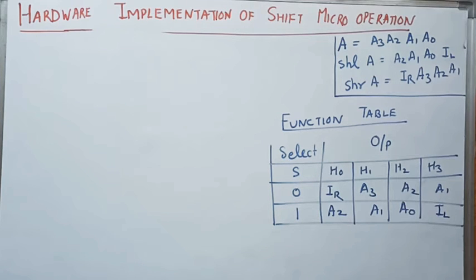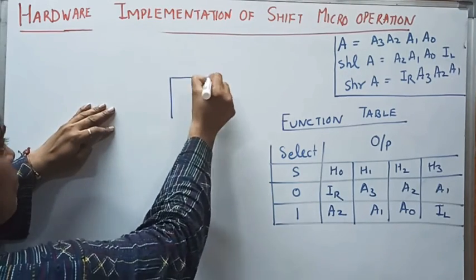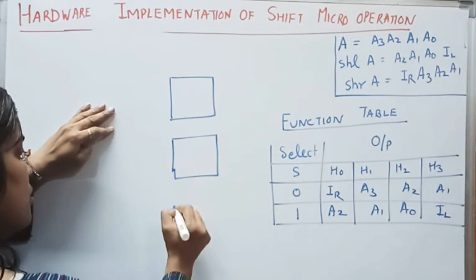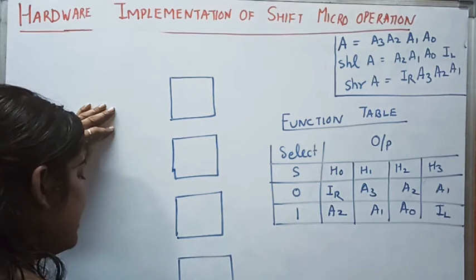Selection line is 1, so you can make a multiplexer, because I am going to take some selection and the output is only single. So you can take a multiplexer. There are 4 bits, so I can take 4 multiplexers. 1, 2, 3 and 4 multiplexers will be there.